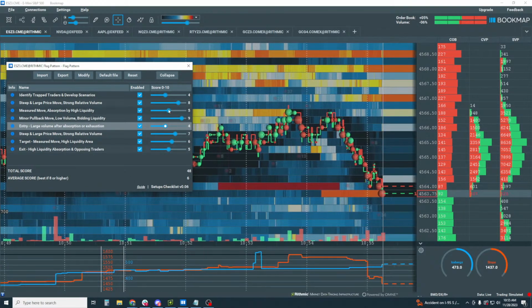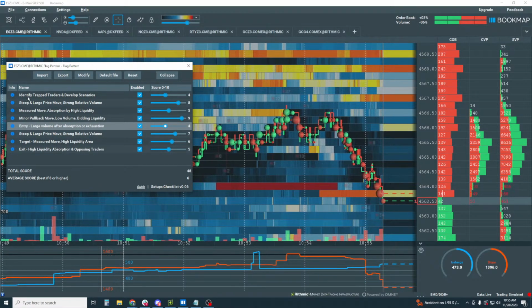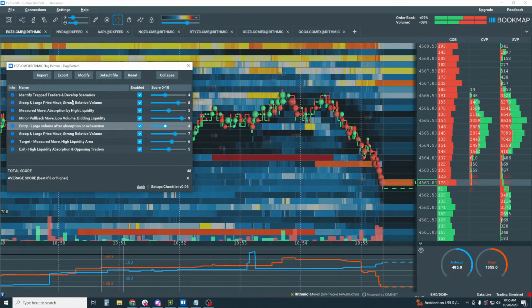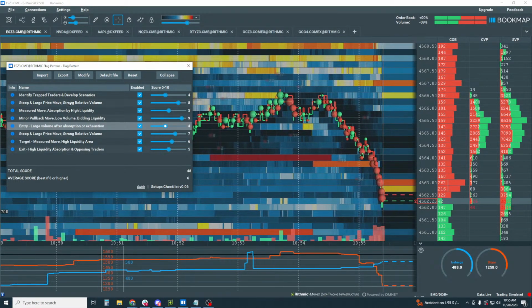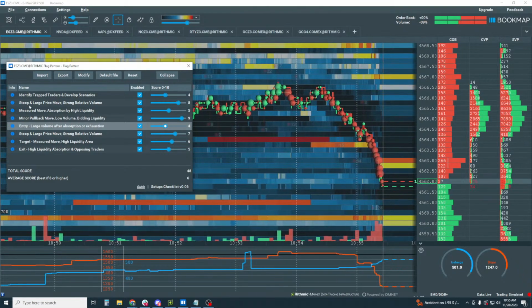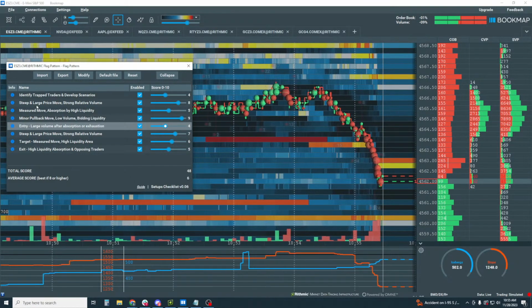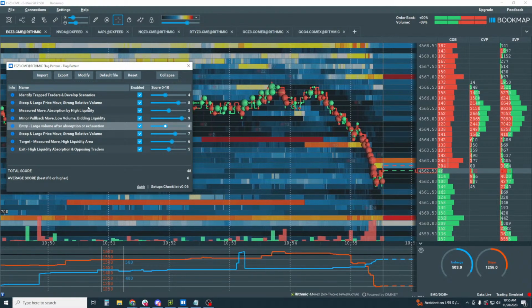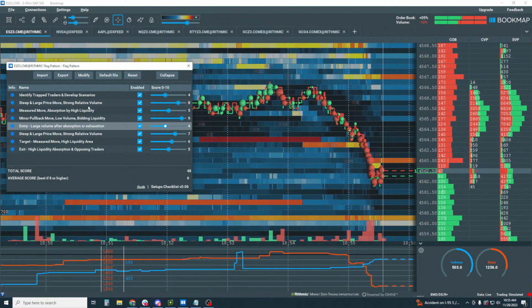All right, so now this is what I want to cover in here. Identify trap traders and develop scenarios on where price might go for the first impulse move. Then you're looking for that impulse move. On that impulse move, you're looking for a steep, large price movement with strong relative volume pulling that market.